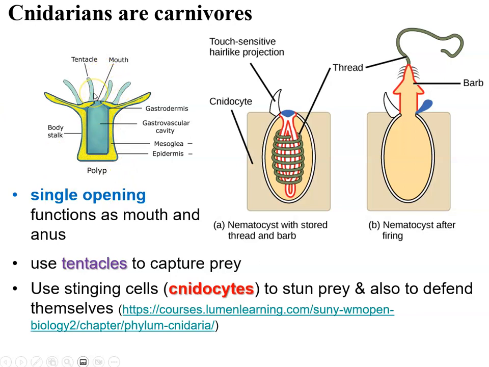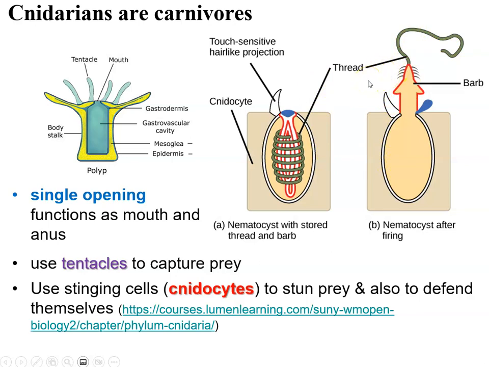The tentacles usually have stinging cells. And the stinging cells, which are called cnidocytes, shown on the right, get activated when something touches them. All it takes is for something to physically touch the tentacle to trigger the nematocysts with the barbs to fire, and it actually gets ejected from the cnidocyte, the cell containing the nematocysts, and this is what traps the food.